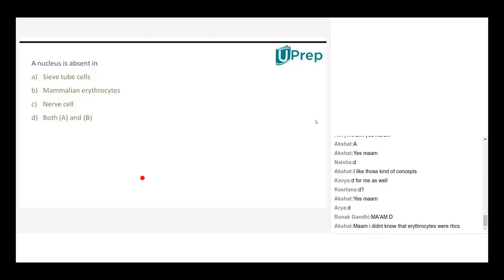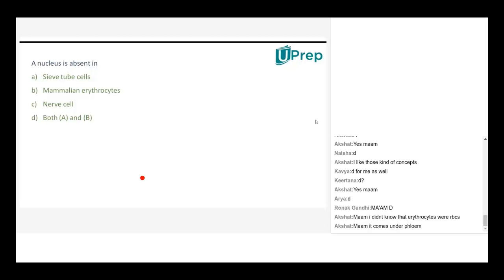These are different concepts regarding tissues. Now, sieve tube elements are one part of phloem. Sieve tube cells will also get matured and die after a few days, and when they are in a dead condition, the nucleus will be lost. So both A and B are correct.